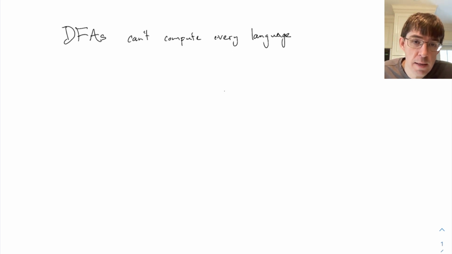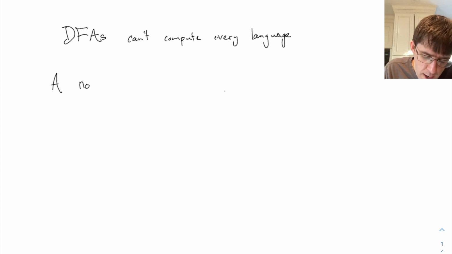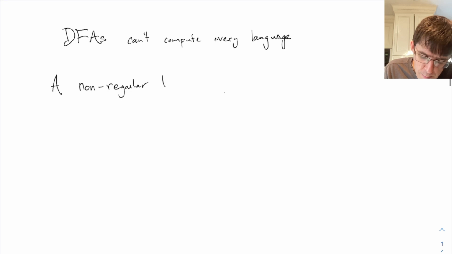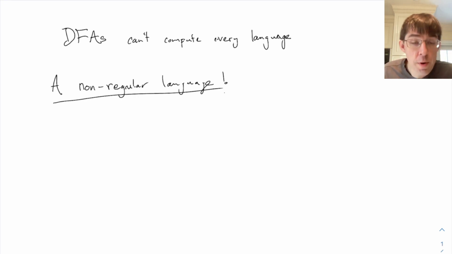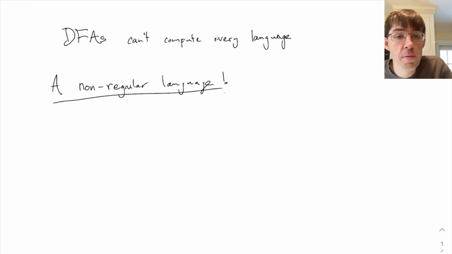Remember, a regular language is one which can be accepted by a DFA, but there are actually some languages which are not regular. So for today, let's do one example of a non-regular language. We are going to talk in detail about non-regular languages in a few weeks.